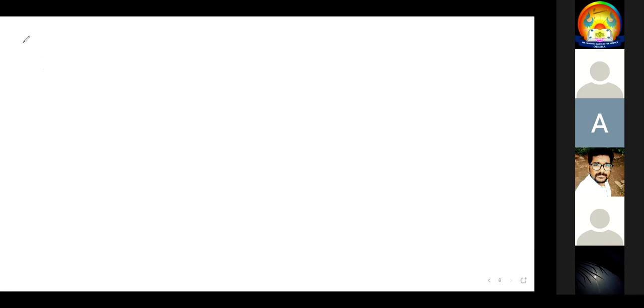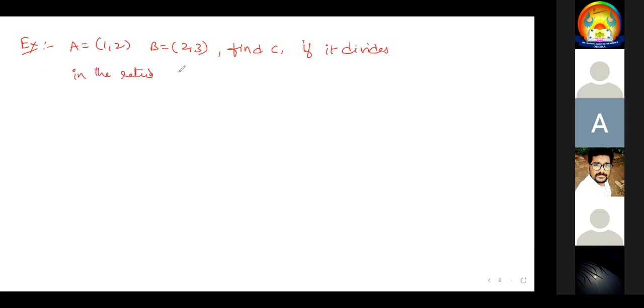Now, one question I'm saying. See, capital A is equal to (1, 2), capital B is equal to (2, 3). Find C if it divides AB in the ratio 2:3.